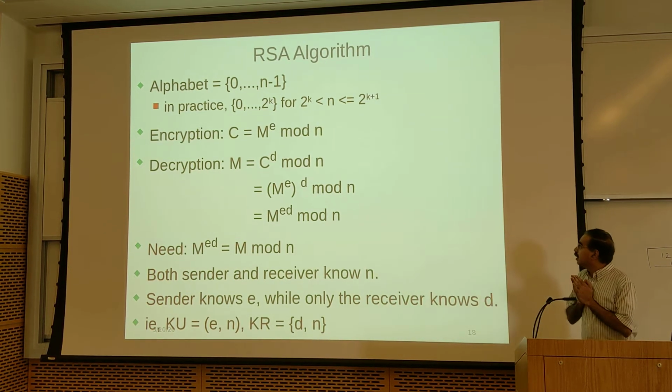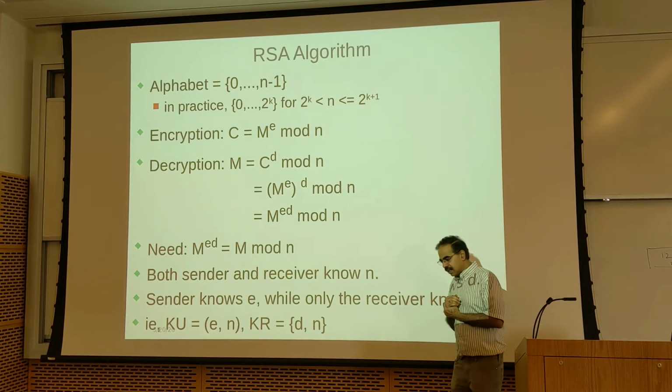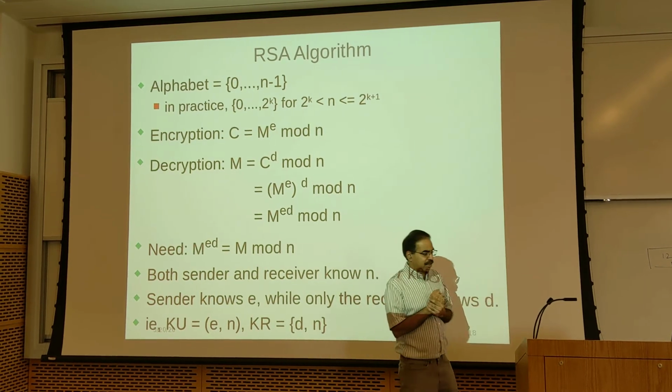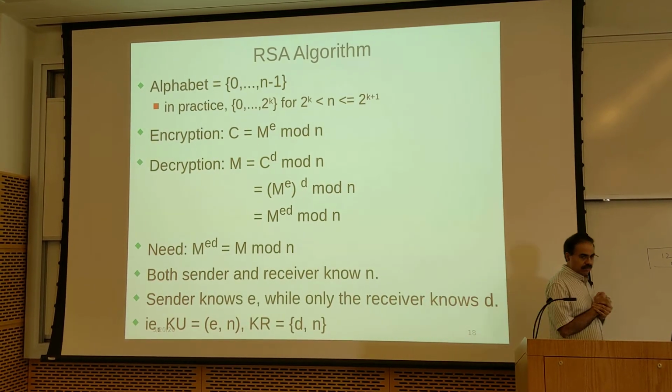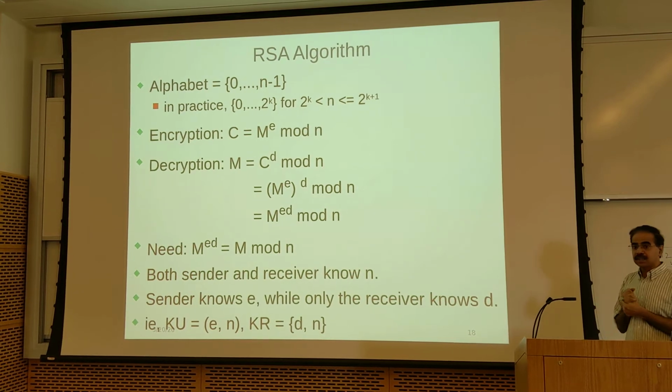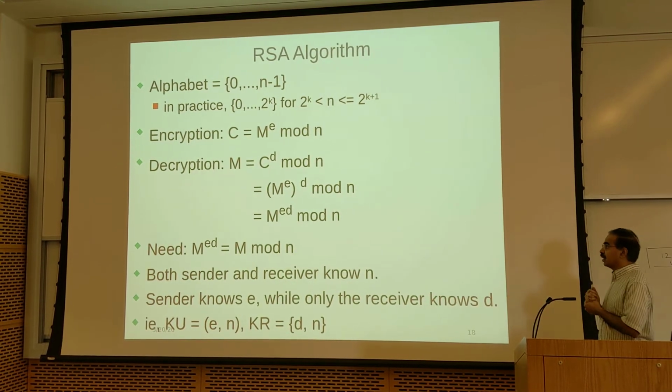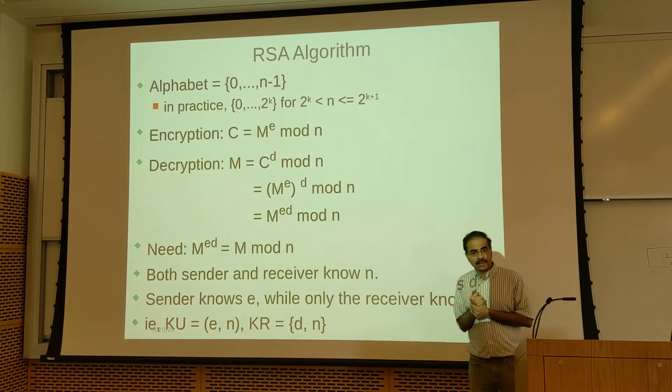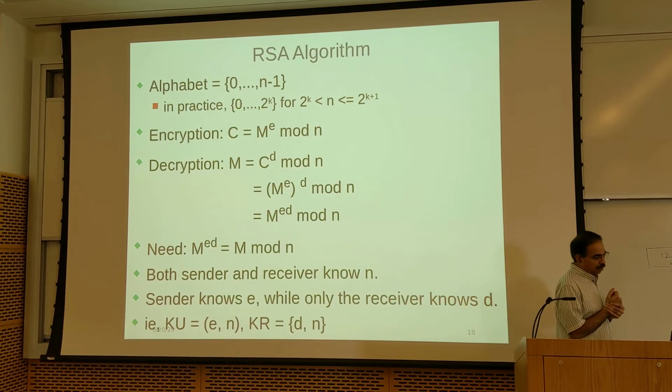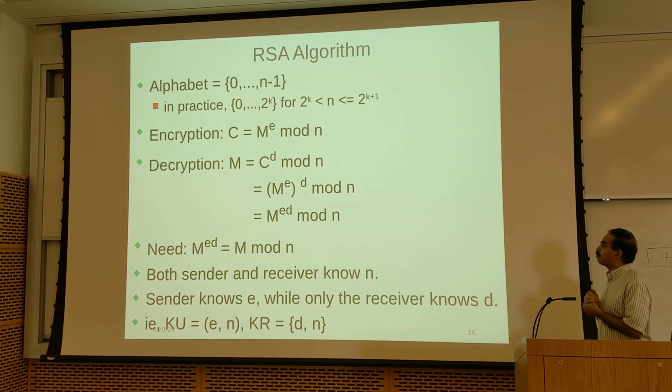So in this case, it relies on some properties of modulo arithmetic on very large numbers, right? So typically when we talk about the RSA algorithm, we talk about keys that are many hundreds of bits to thousands of bits, right? So these are very, very large numbers, not like the 32-bit integers or 64-bit integers we have been talking about. These are much, much larger integers, okay?